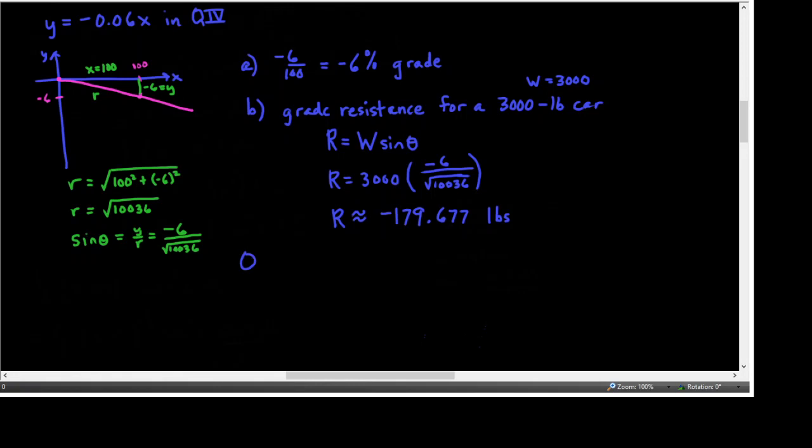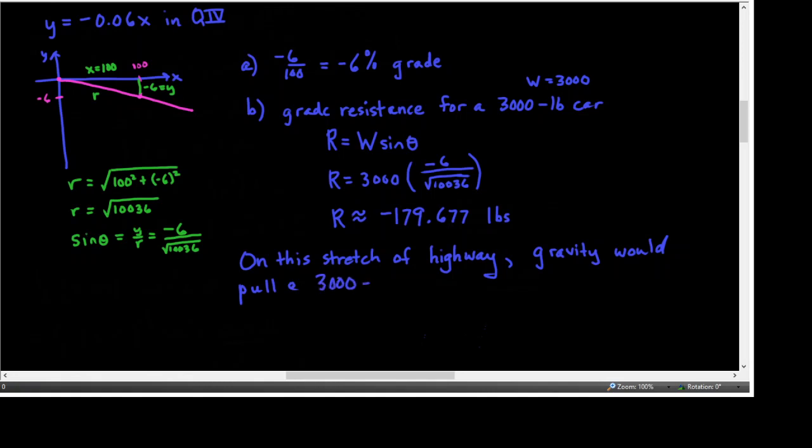On this stretch of highway, gravity would pull a 3,000-pound vehicle downhill.